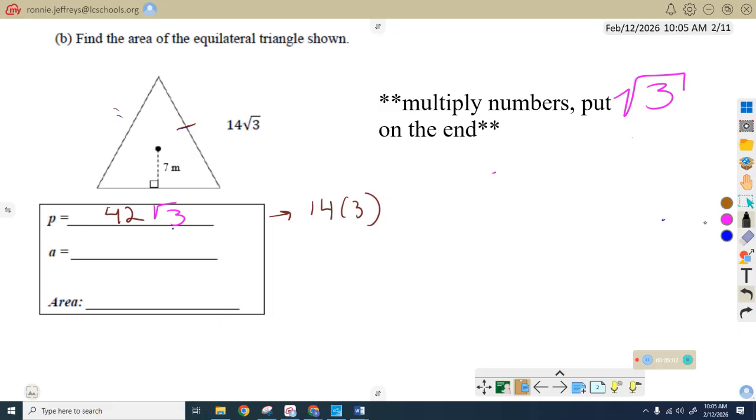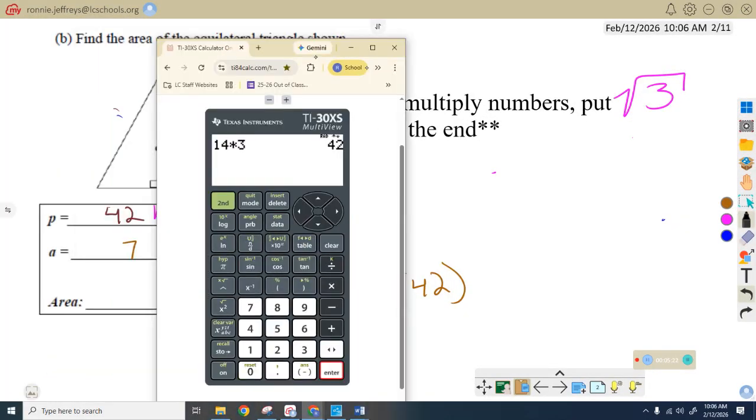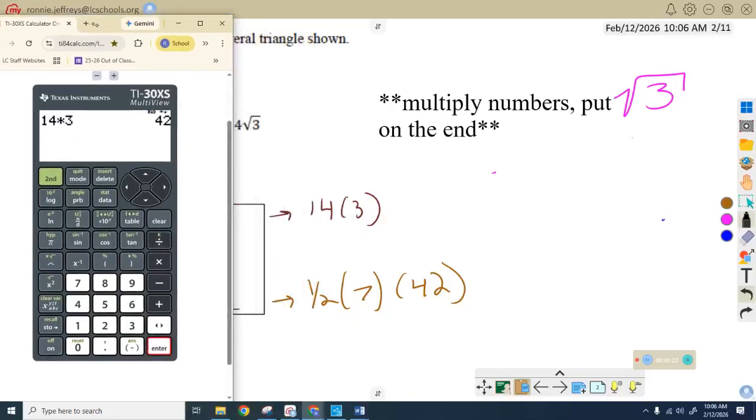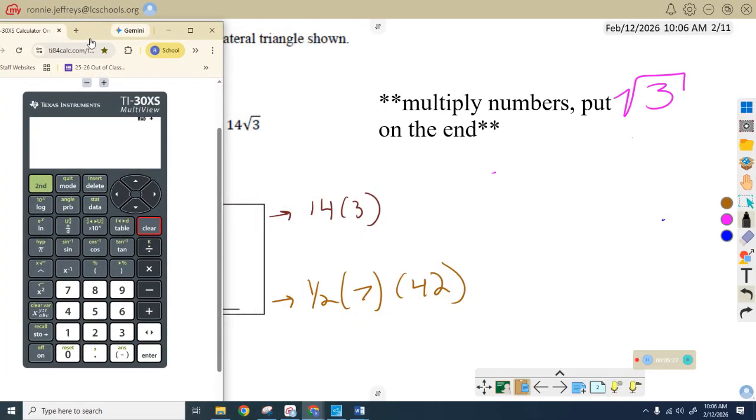Alright, now, remember the little a is the apothem that sits right here. This would be 7. So, I would actually do the following. Like it says, I would say 1/2 times 7 times 42. Alright, and that covers everybody, no matter what type of calculator you have.